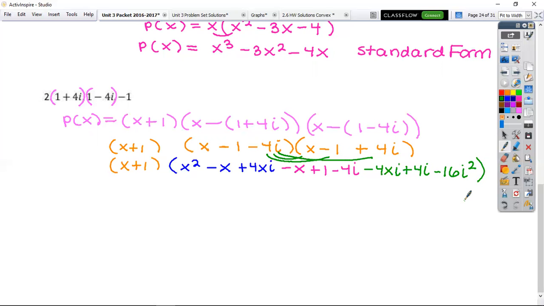So first, do you guys notice anything that goes away here? Should be a bunch. Perfect. She's right. That goes away. That goes away. How about the 4xi and -4xi? That goes away. That's always going to happen with these. I think that's it. Yep. So then over here, i squared is -1.